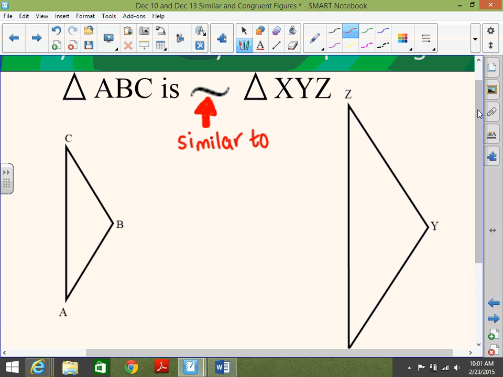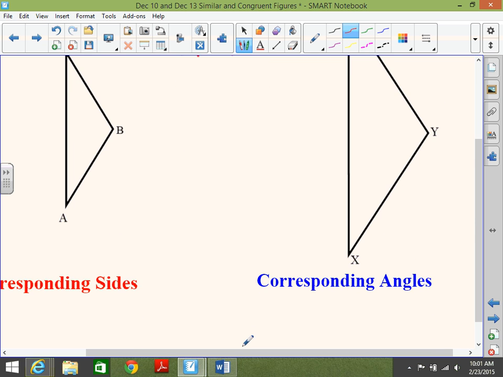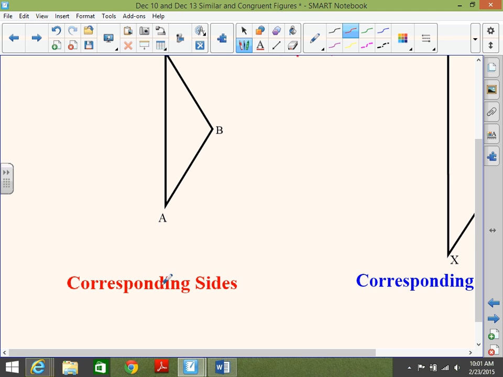Okay, on your paper, I want you to write this heading right here, corresponding sides. So find a spot to the right or the left of that top box and write the words corresponding sides. We're going to start by finding the corresponding sides of both triangles.